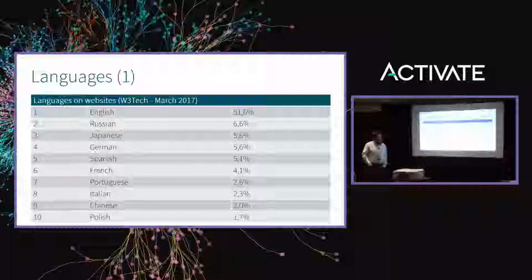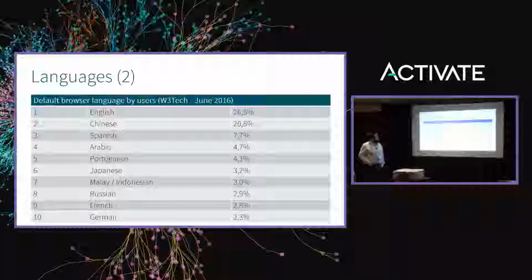Of course, more than half of the websites, at least in 2017, were English. And there are maybe languages you expect next, like Russian, Japanese, German, Spanish, and so on. French, sorry, I'm in Montreal, so I should mention at least that one.